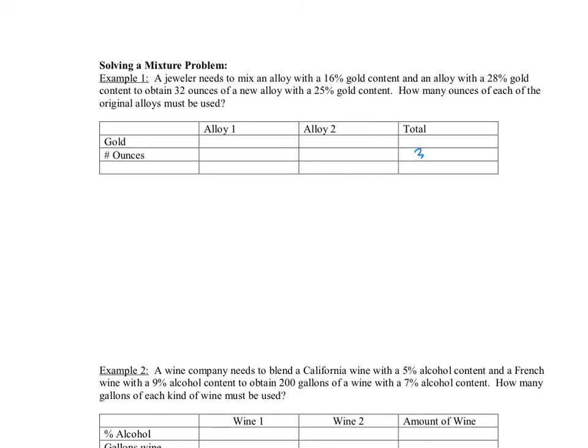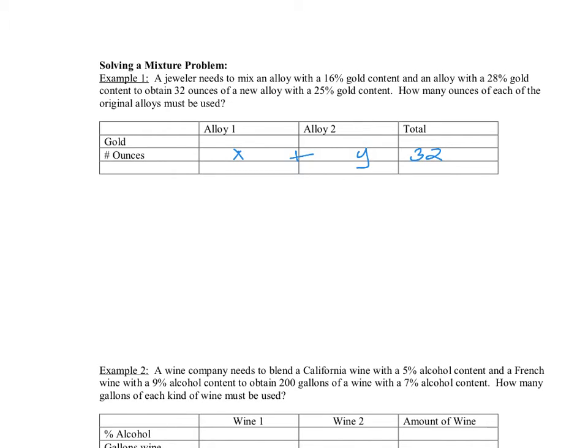So the total number of ounces that I use for alloy 1 plus the total number of ounces I use for alloy 2 need to equal 32 ounces, because that's how much I'm going to make of the new alloy.